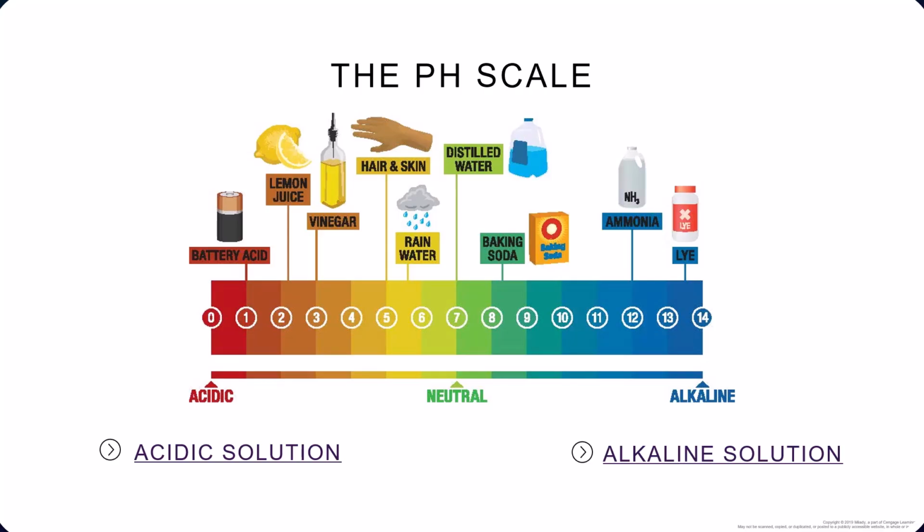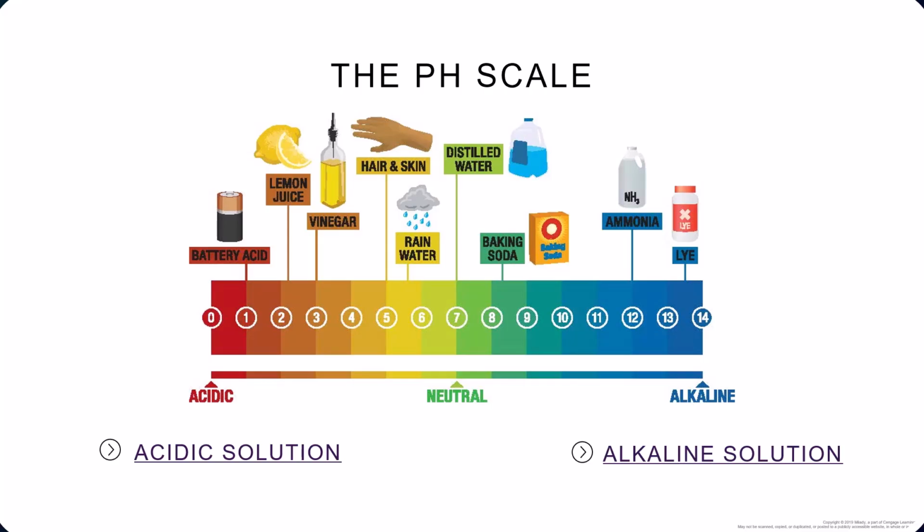Below 7 indicates an acidic solution, and above 7 indicates an alkaline solution. Also good to remember that our skin naturally is between 4.5 and 5.5, so an average of 5 on the pH scale. That would mean it's slightly acidic.